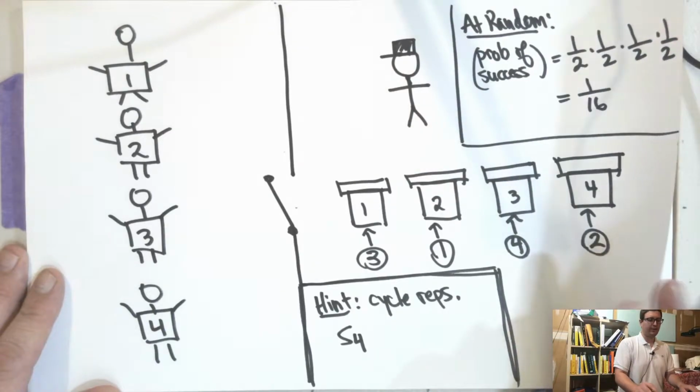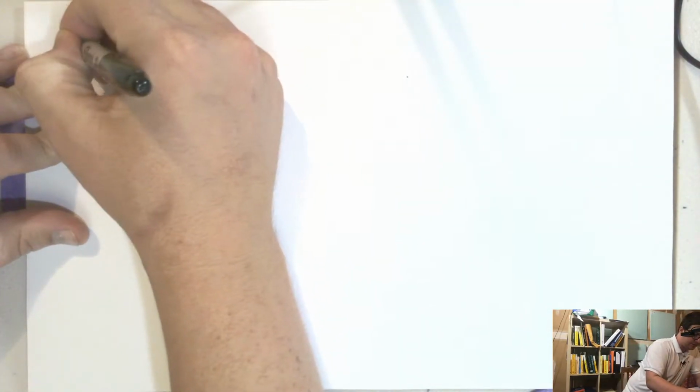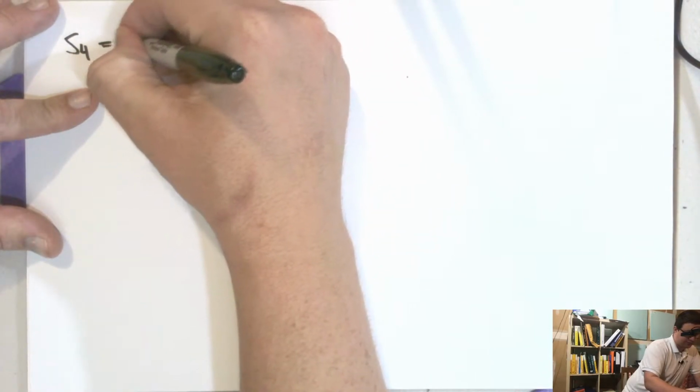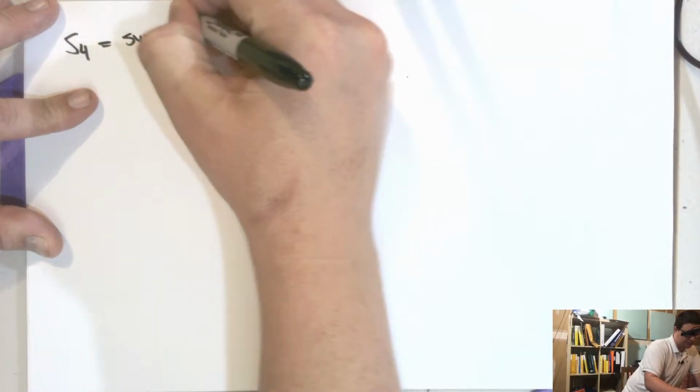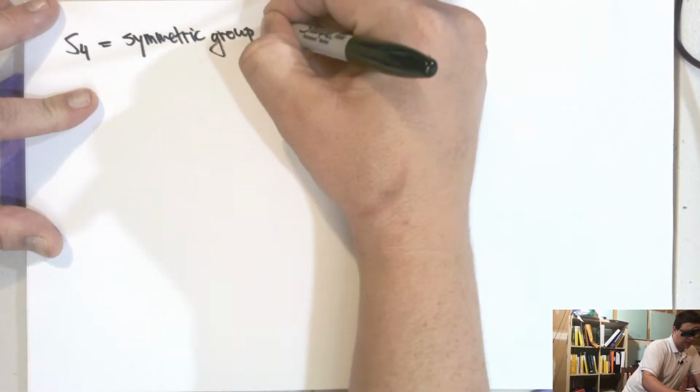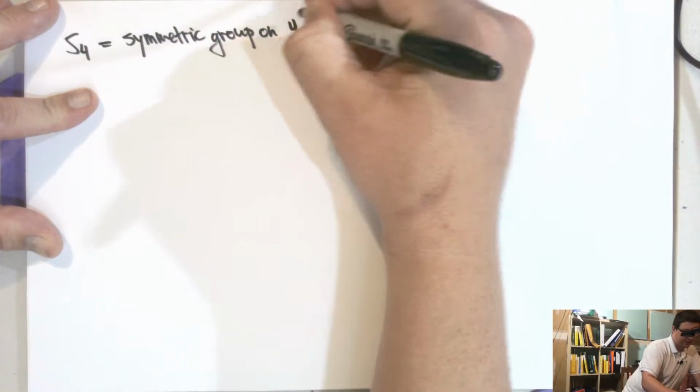group S4. Okay, so what is S4? What does it have to do with this? So S4 is the permutation group, or the symmetric group, on 4 elements.